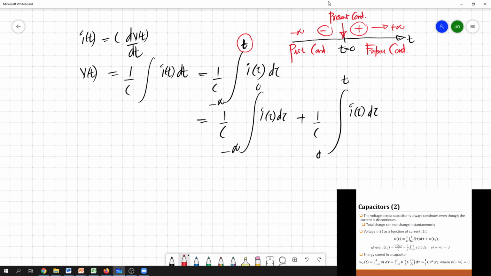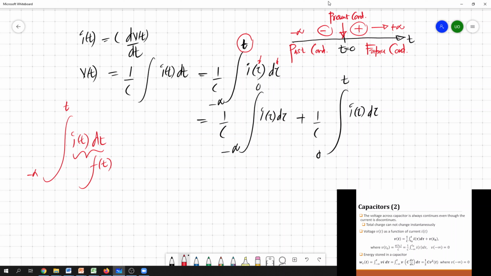But the problem is if you put it like this, whatever the outcome of this product is a function of t. Then you can't substitute this t with this t, so it's misleading. That's why we put another variable which is very similar to t.